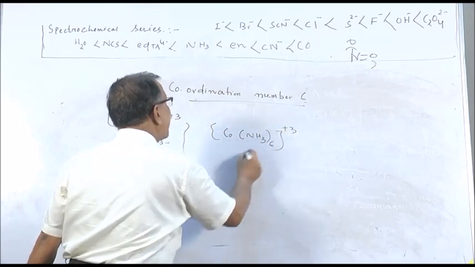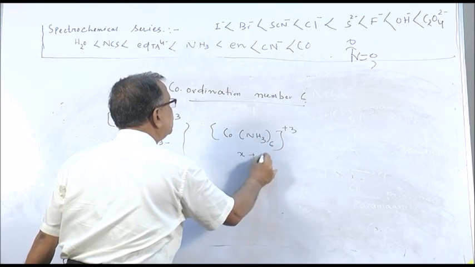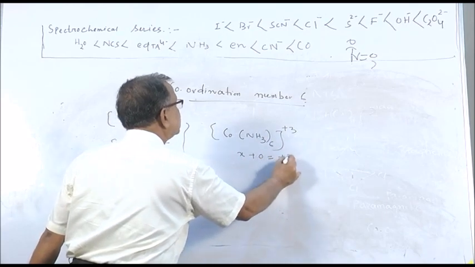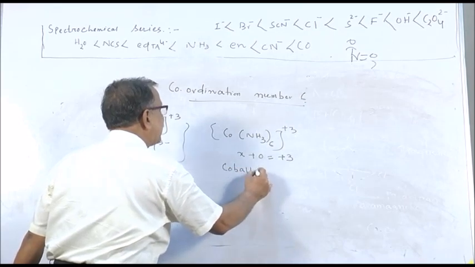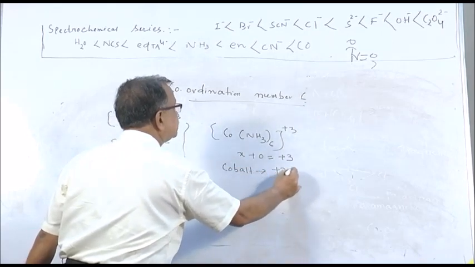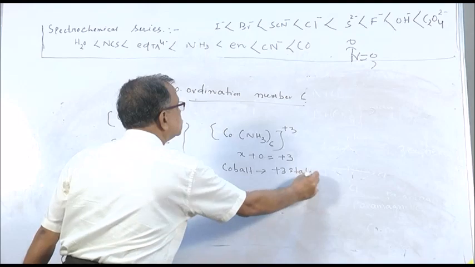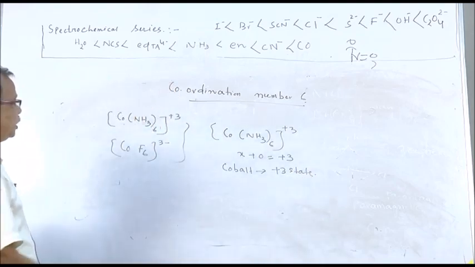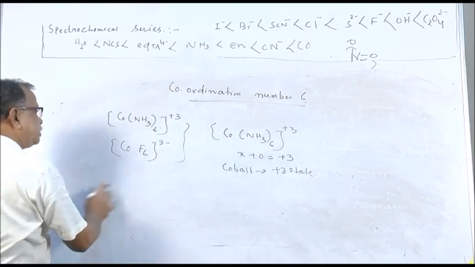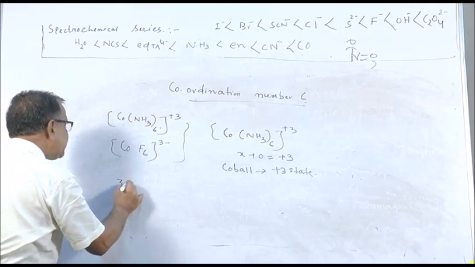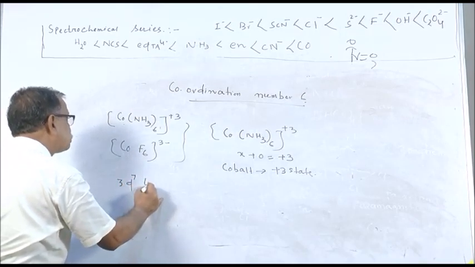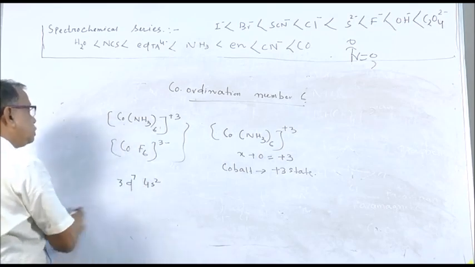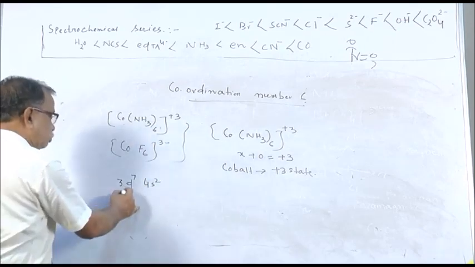X plus 0 is equal to plus 3. Cobalt remains in the +3 state. Since cobalt remains in the +3 state, its configuration will be 3d7 4s2.